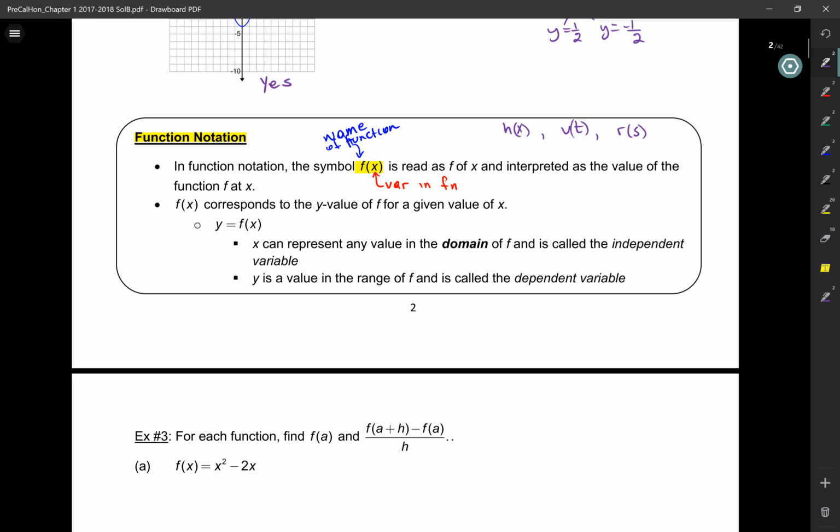Another way to look at it is f is the dependent variable. X is the independent variable.